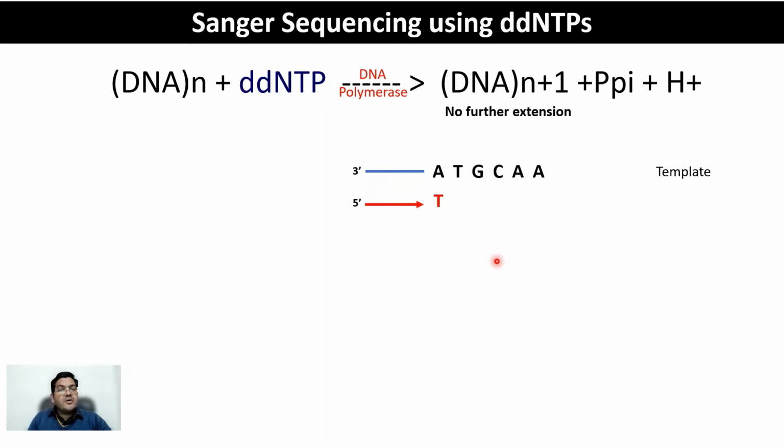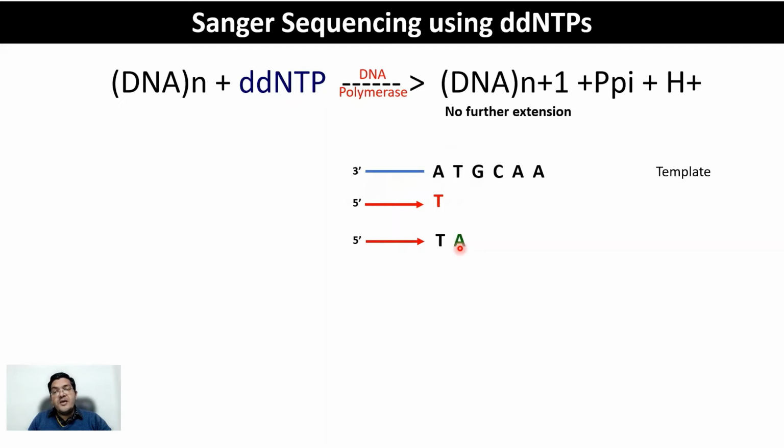However, because we've also given normal dNTPs in the reactions, there is a chance of adding a normal dNTP, in which case the polymerase would now come to the second position, look at the template and see what is the nucleotide here, and add a complementary nucleotide at the second position. Again, at the second position, you have a choice between a dNTP and a ddNTP.